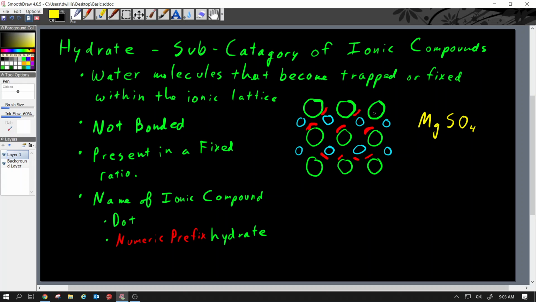And they would be stacked in there in a nice organized way. And then I've got my little red water molecules stacked in there. Here's the thing. For every molecule of MgSO4, there are actually 7 water molecules wedged into the crystal structure.